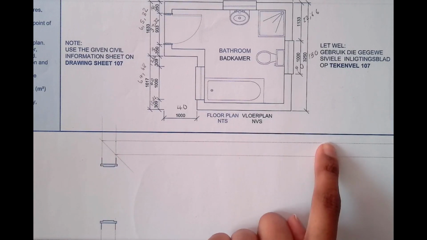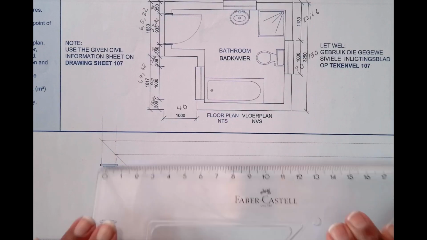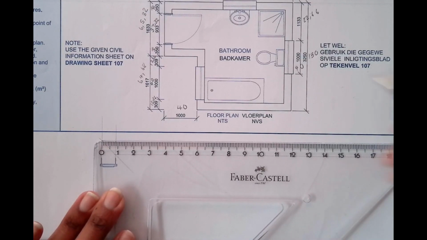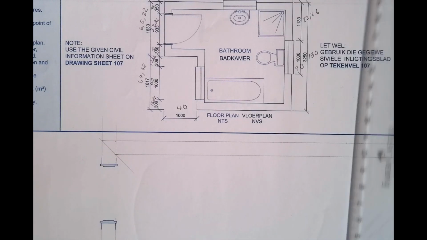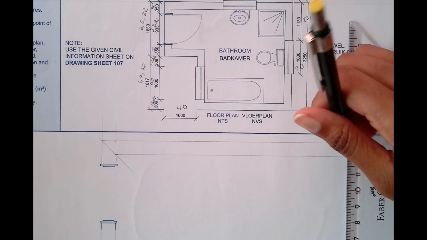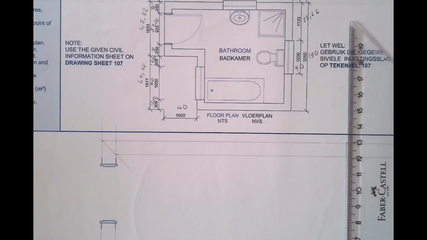The length of our outer wall is 154. So you're just going to measure 154. This is 154. Remember, we are just dealing with the outer part of the floor plan. For the inside one, just a 45-degree line, please.